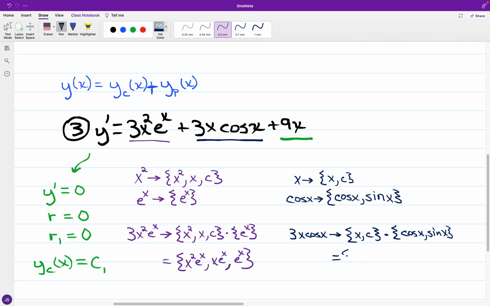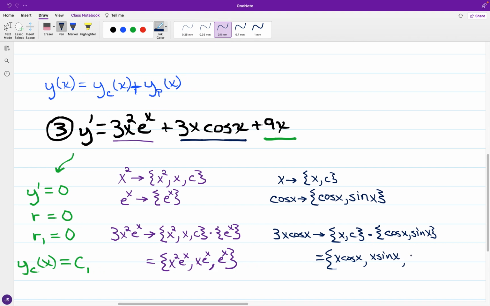If I look at distributing, you have x cosine of x, mapping x from the first with cosine of x, then x mapped with the sine of x. And working with a constant, times cosine of x, in diminutive terms we have cosine of x. Constant times sine of x, we just put this as sine of x.